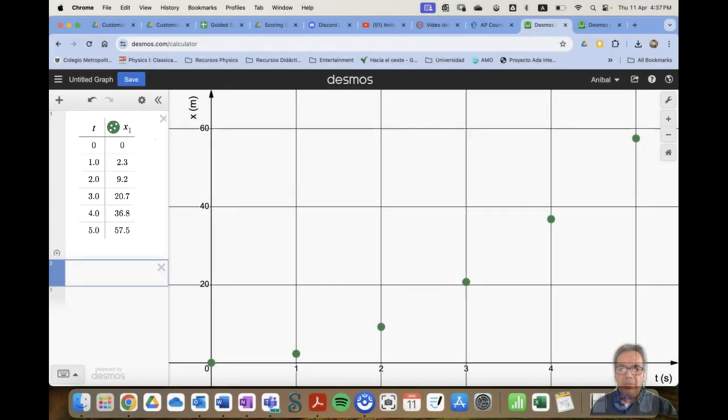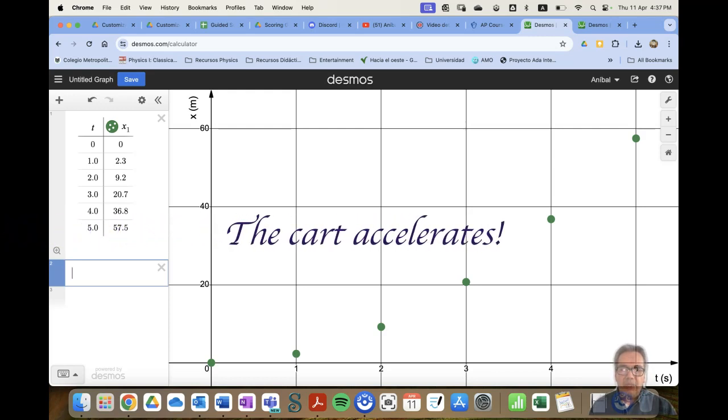And if I see the dots, well, they pretty much look like that, right? We all know this is supposed to be a parabola or a quadratic function because what this actually tells you is that your car is accelerating.